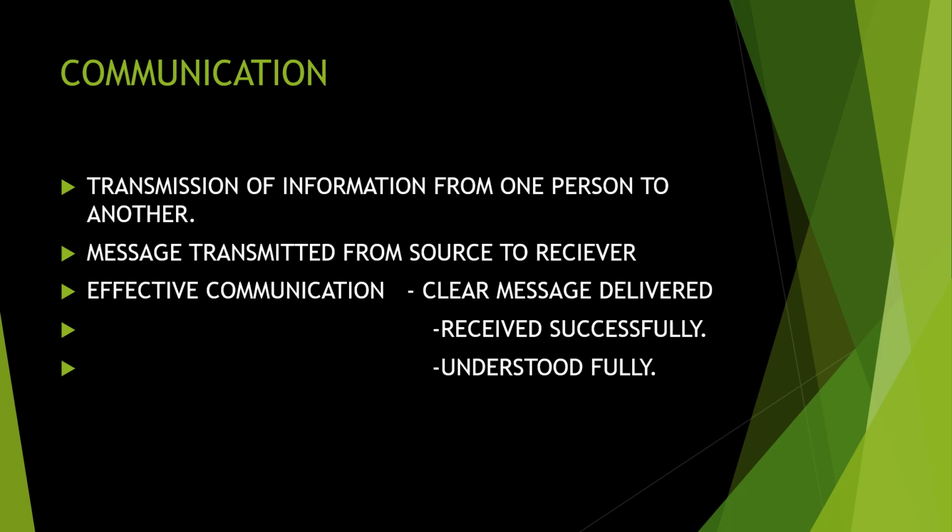Okay. Now, a message is transmitted from one source to a receiver. The source is the starting point, sending the message to another person, and that person who is receiving it is called the receiver. It may be one person, maybe a group of persons, whatever it may be.